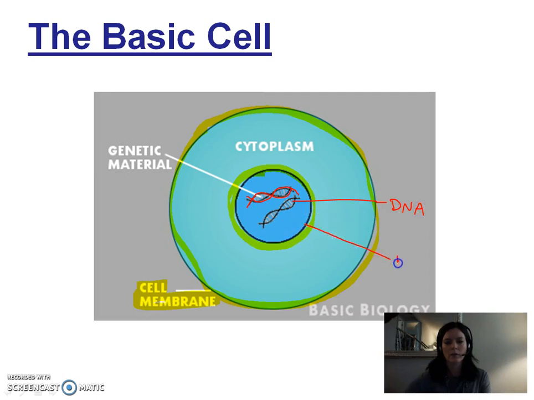Inside the nucleus, and the plasma membrane is what makes up the border. Now, let me show you really quick another thing. This plasma membrane is going to divide two areas of fluid. The fluid inside the cell is called cytoplasm.